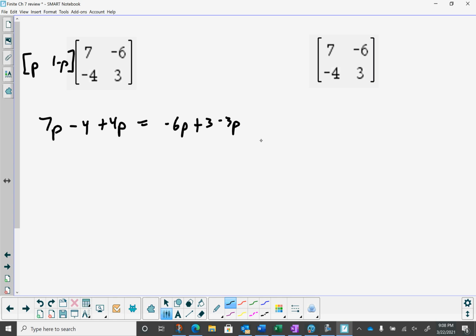All right, so that needs some cleaning up first. 7P and 4P, that would be 11P minus 4 is equal to -6P, and -3P is -9P plus 3. Combine like terms now. I'm going to add 9P to both sides. So that'll give me 20P. And then variables to the left, constants go to the right. That means I'm going to add 4 to both sides.